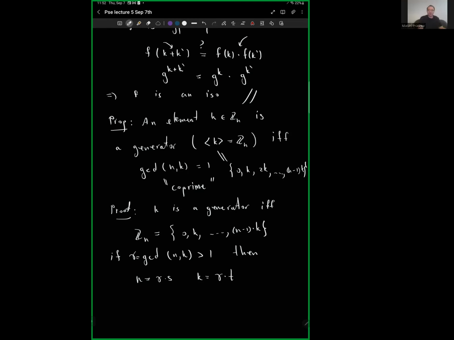But then what I get is that s times k is s times gamma times t, and s times gamma is n, so this is nt, and this is 0 modulo n.